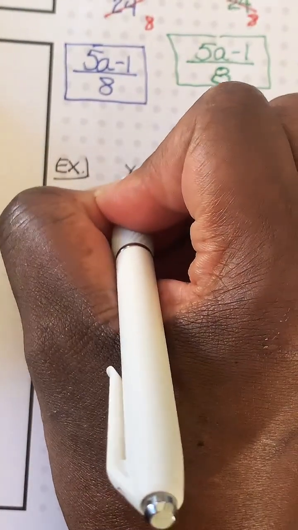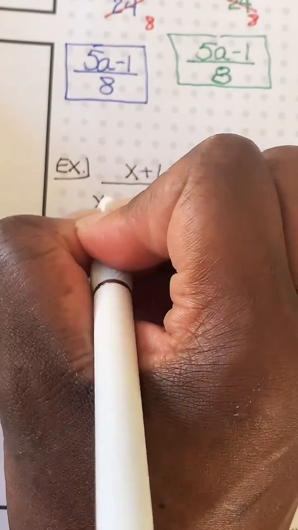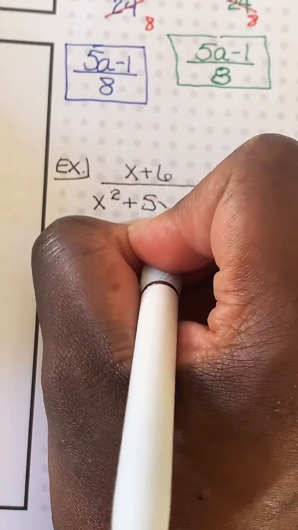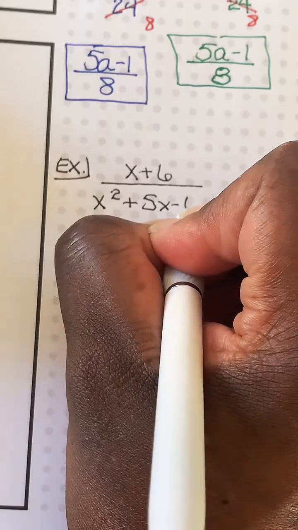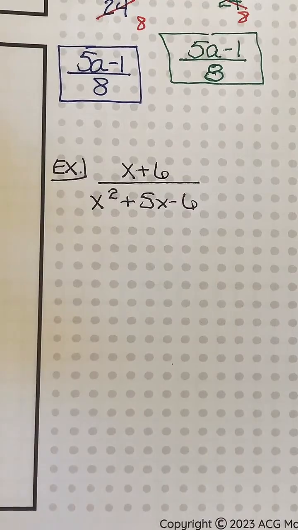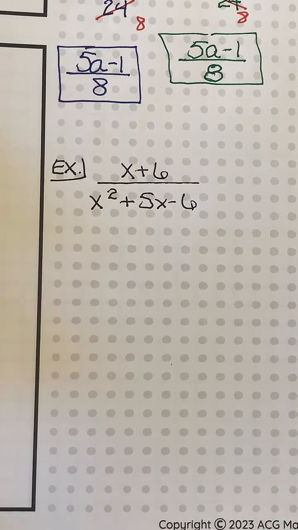Okay, let's try this one. Okay, so x plus 6 over x squared plus 5x minus 6.